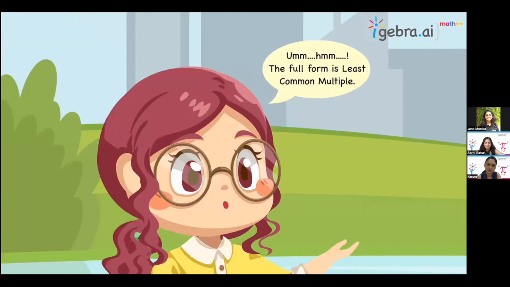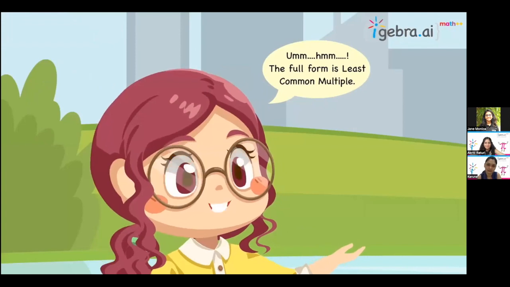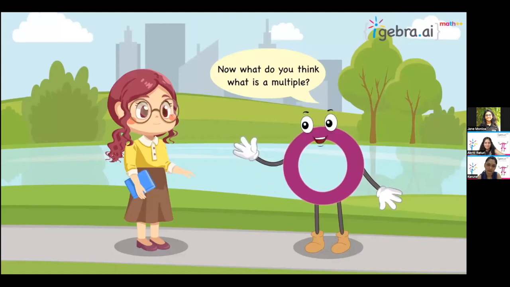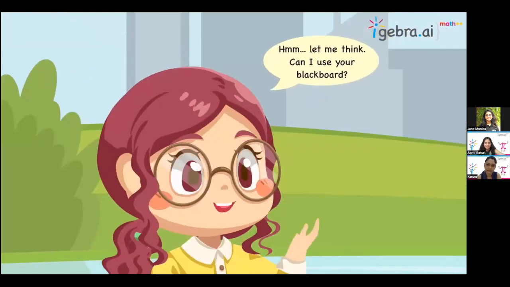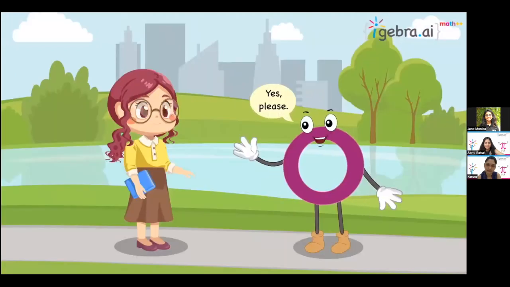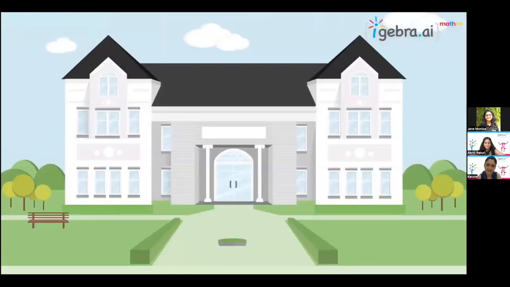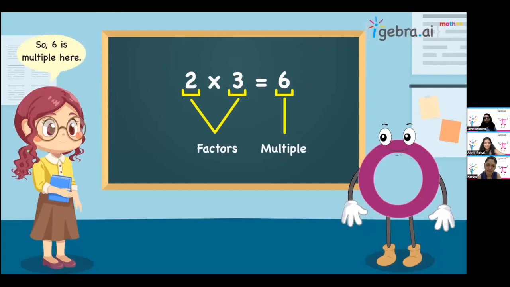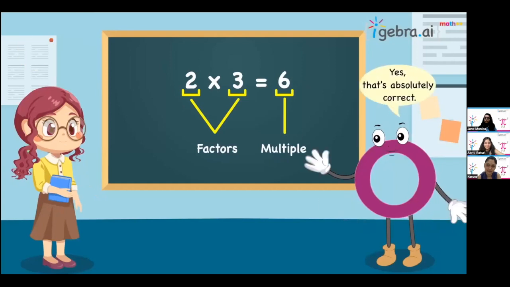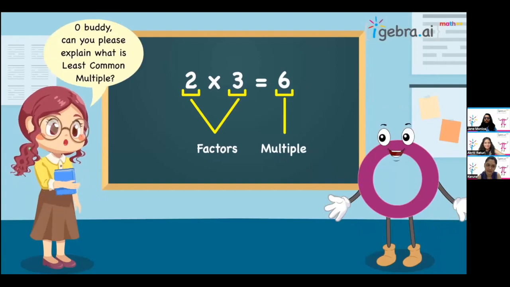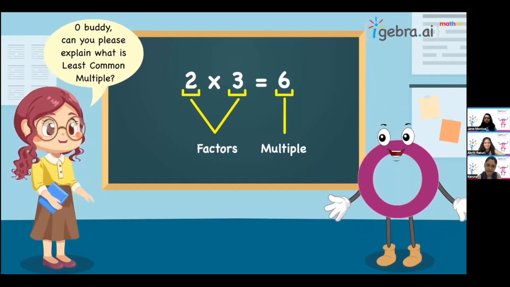The full form is least common multiple. Now, what do you think? What is a multiple? Let me think. Can I use your blackboard? Yes, please. So 6 is a multiple here. Yes, that's absolutely correct. iPi buddy, can you please explain what is least common multiple?